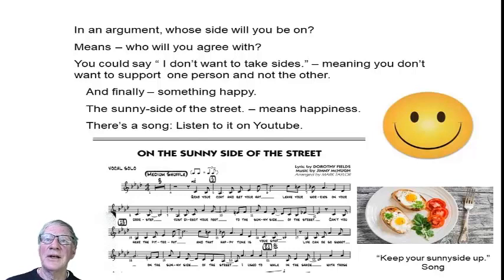Like sunny side up eggs, with the yolk on the top. So you can go to YouTube and type in On the Sunny Side of the Street and Keep Your Sunny Side Up, and you can sing along with that music. Very old songs.